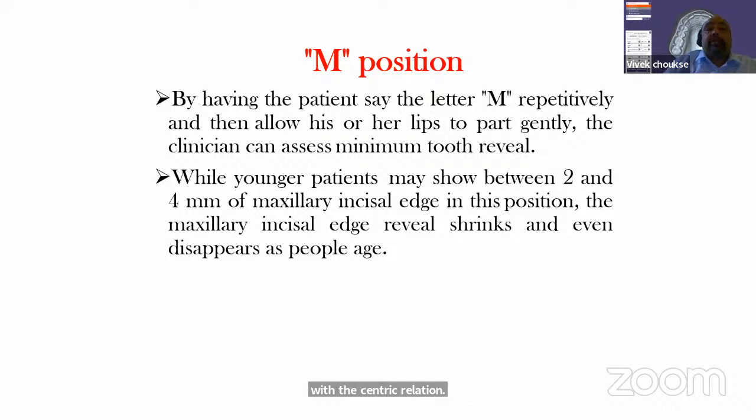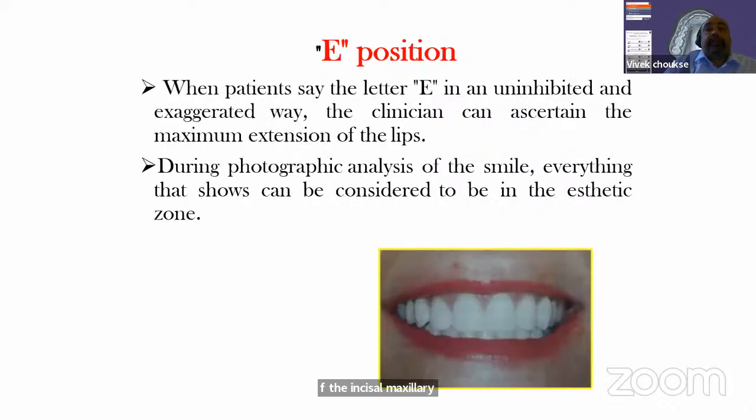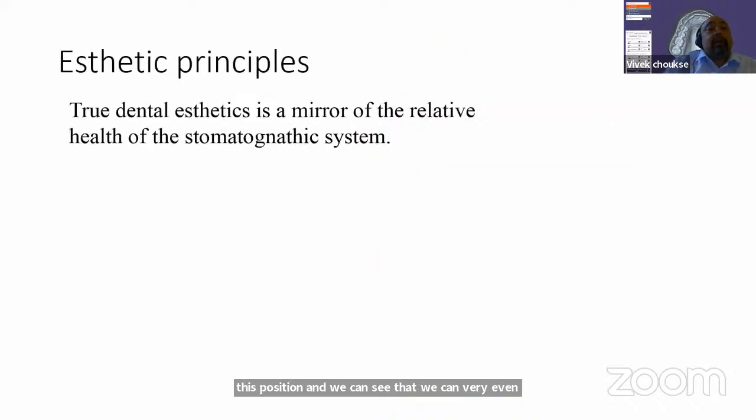This can be checked by the M position: when we ask the patient to say M and gently part the lips, we should see around 2 to 4 millimeters of the maxillary incisal edge. In the E position, while the patient says E, we can take a photographic analysis and appreciate the full length of the teeth.